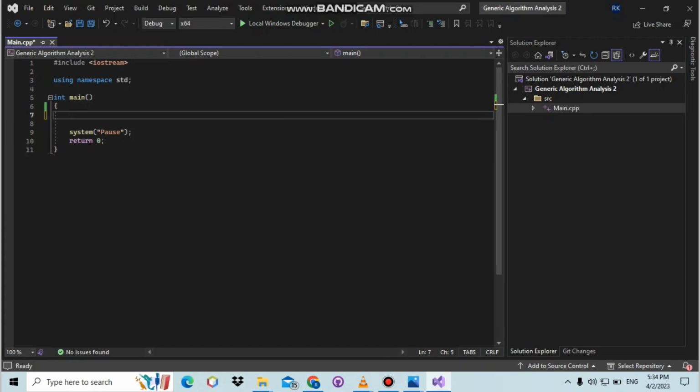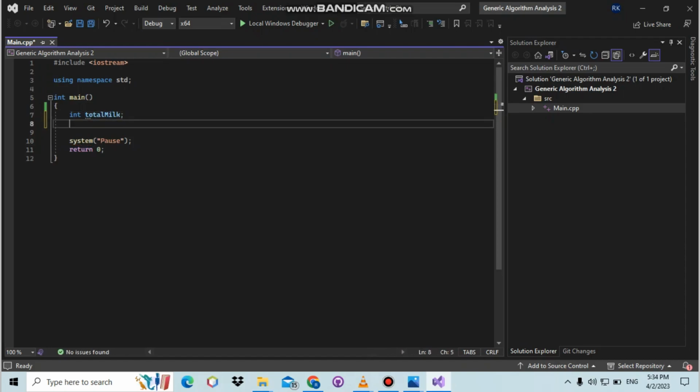So in the main function here, I'm going to declare a few variables. The first variable will be of type int, num total milk, because total milk has to be input by the user. Total milk.